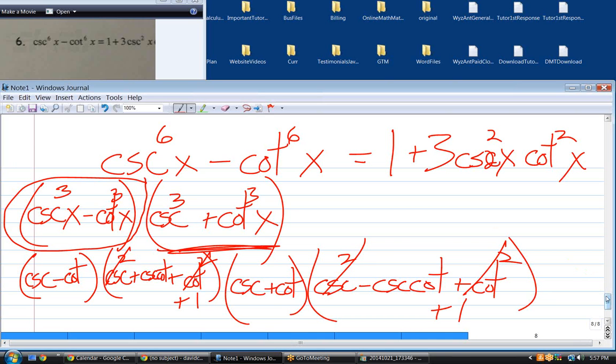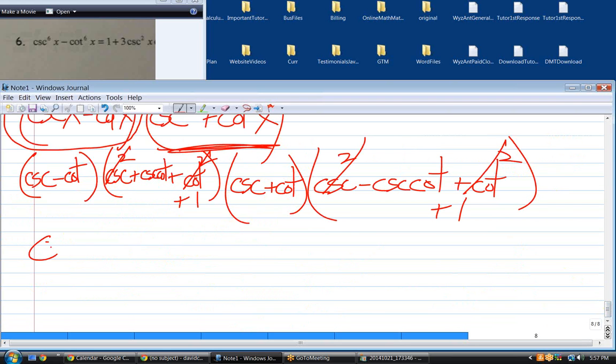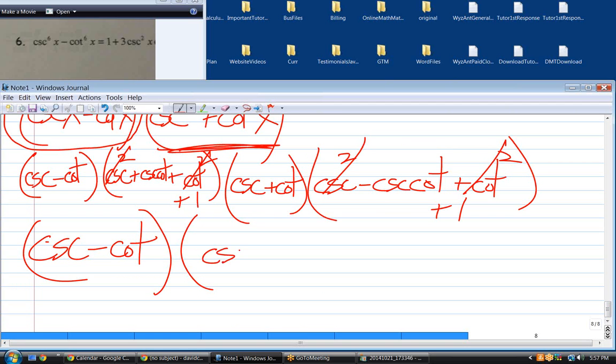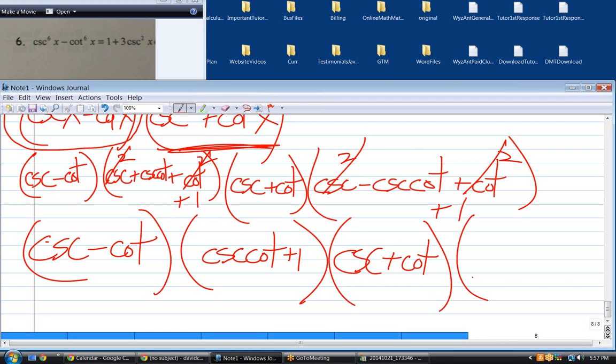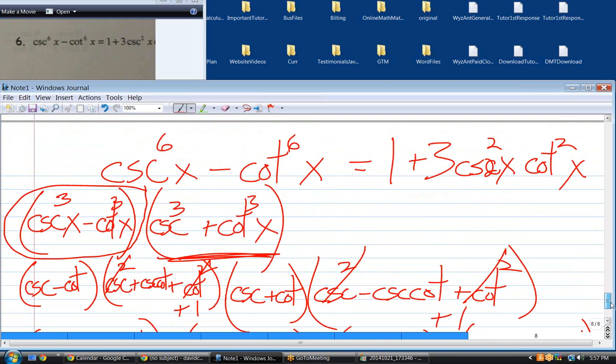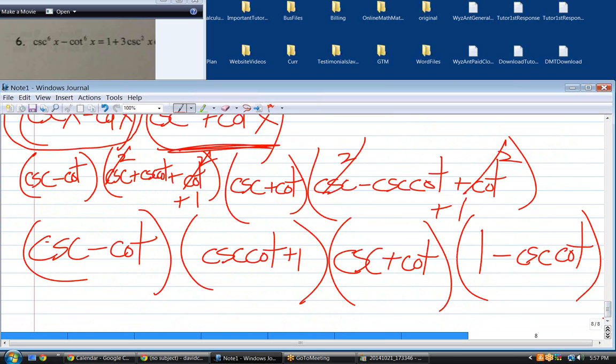So now what do we have? We have cosecant minus cotangent, times cosecant cotangent plus 1, times cosecant plus cotangent, times 1 minus cosecant cotangent.